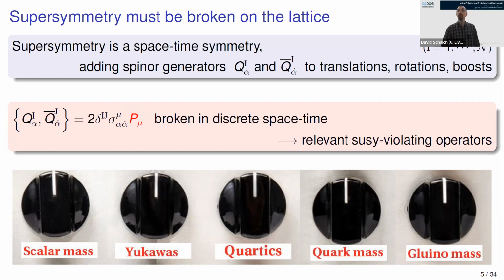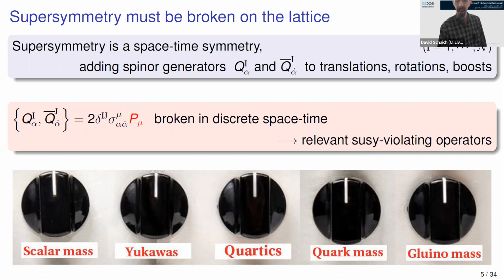So formulating a supersymmetric field theory in a discrete lattice space-time means that the super Poincare algebra is simply broken at the starting point, and that allows quantum effects in the calculation to produce any and all possible supersymmetry violating operators, many of which turn out to be relevant operators that then would have to be fine-tuned in order to recover supersymmetry in the continuum limit of interest.